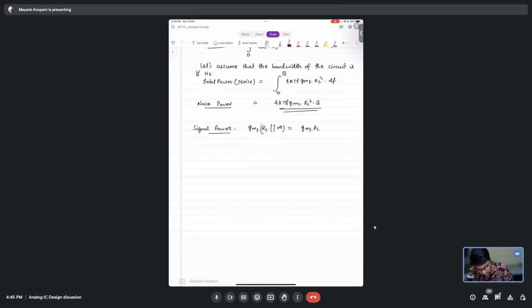Yes, sir. And what is the input signal? VI, correct? And this will be squared, isn't it? Because we are talking about power. Is that clear?